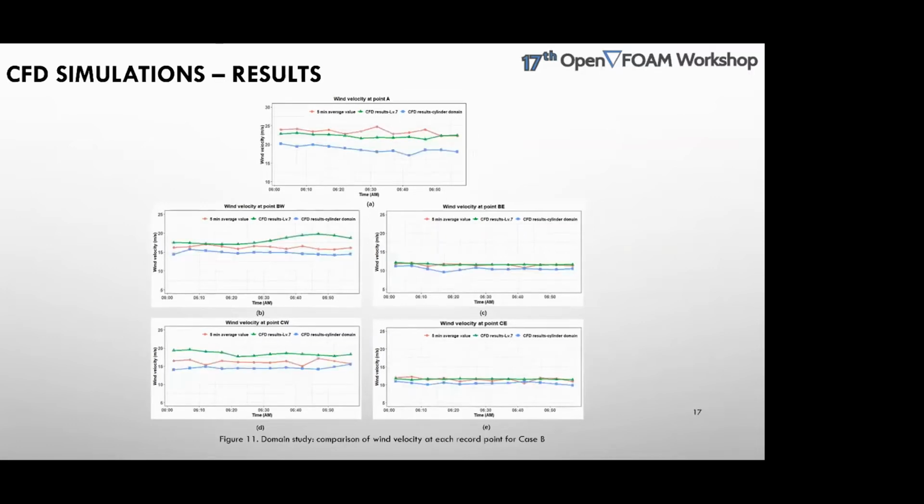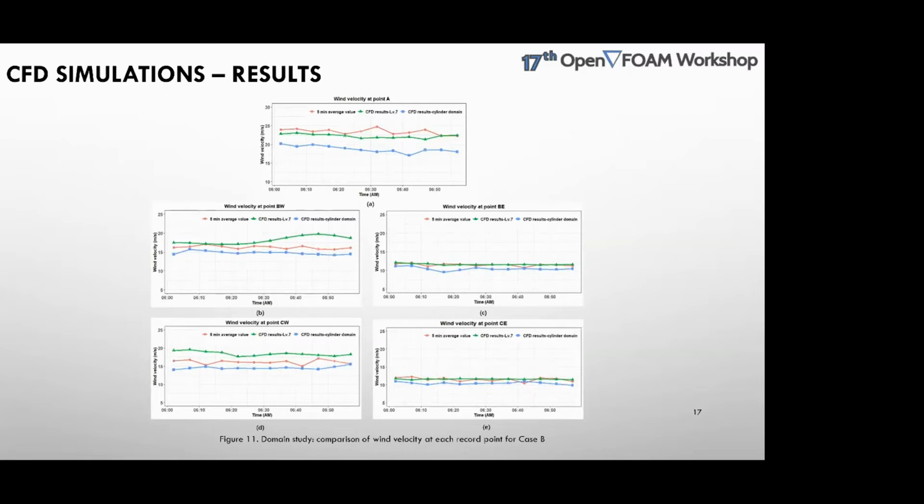If we look at case C, here on the left-hand side you can see the results from point BW and point CW, which are figure B and figure D. The cylinder domain can predict results closer to the field data, which suggests that the cylinder domain has a good ability to provide good results like rectangular domains after changing these yaw angles.